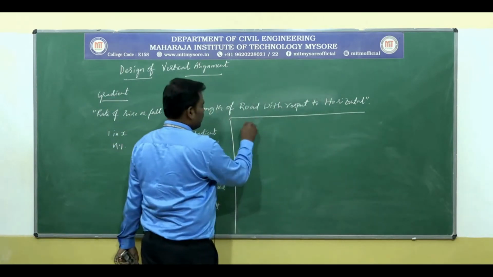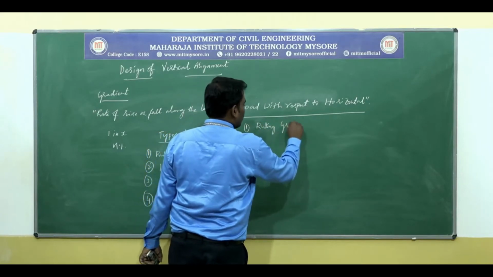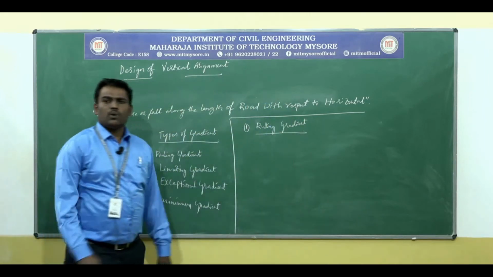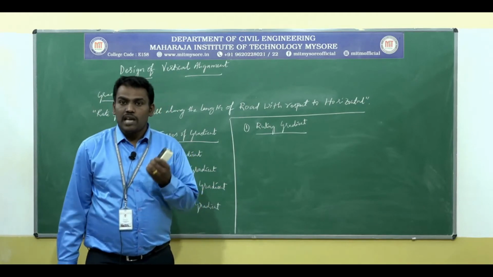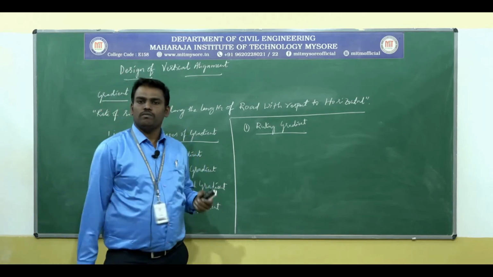The first one is rolling gradient. The rolling gradient is the maximum gradient with which the designer attempts to design the vertical profile of a road.